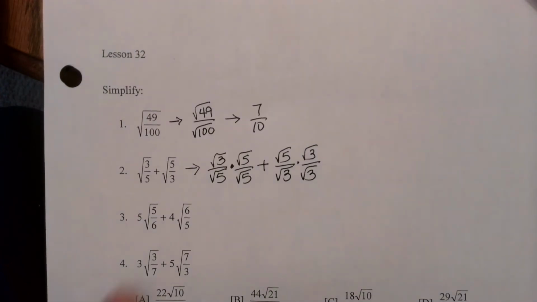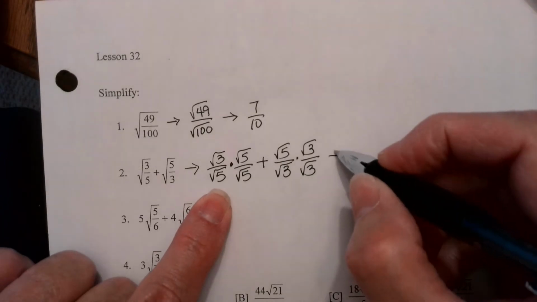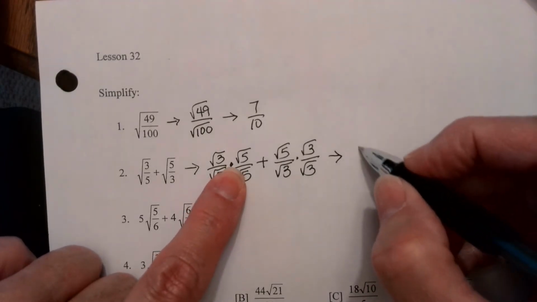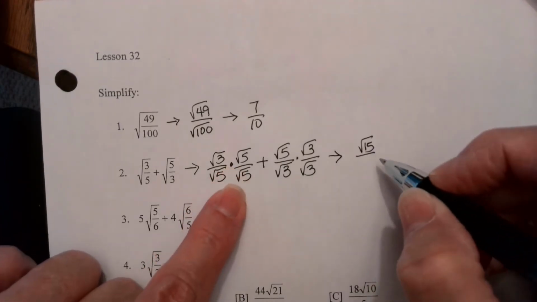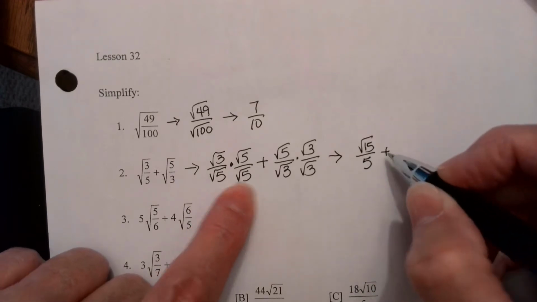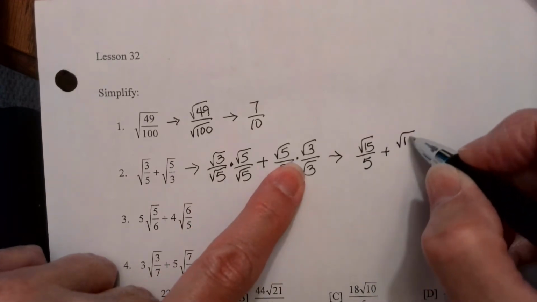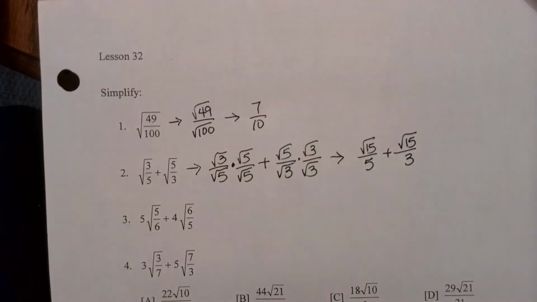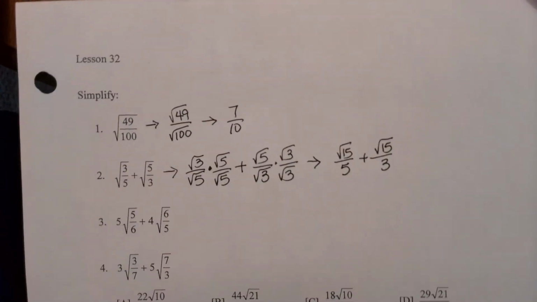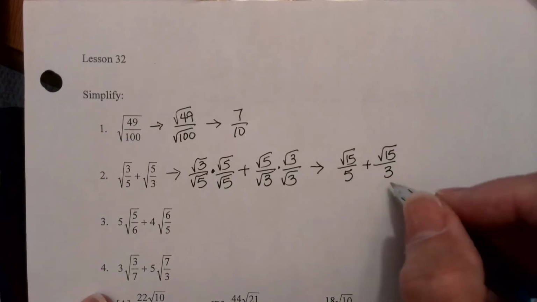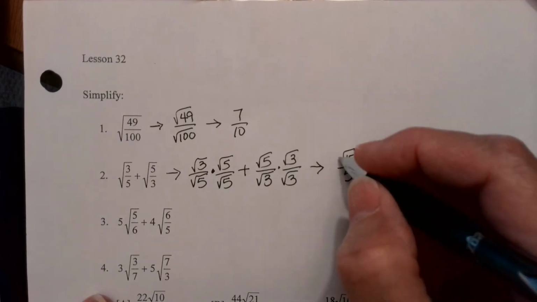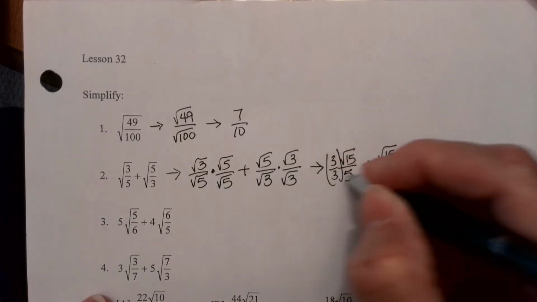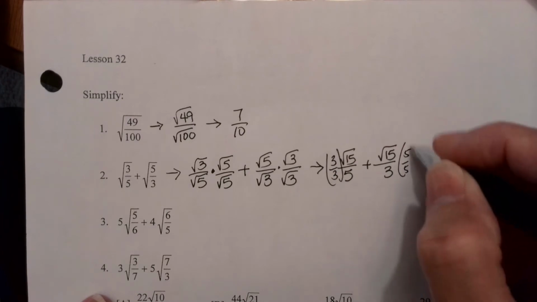Okay? Now, what's that one going to become? So that one's going to become the square root of 15 in the top and 5 on the bottom. This is going to be the square root of 15 on the top and 3 on the bottom. So now they're fractions, but I have to get a common denominator. So the common denominator is going to be 15. So I'm going to multiply this by 3 over 3 and multiply this one by 5 over 5.